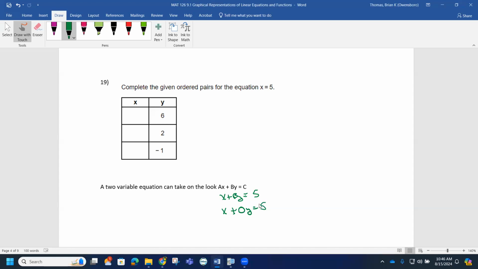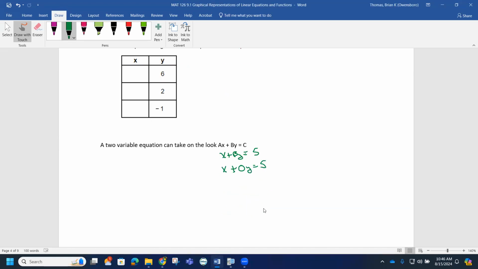So your equation can look like this, x plus 0y equals 5, if you will. So notice that the y actually drops out of the problem. It just turns into x equals 5.